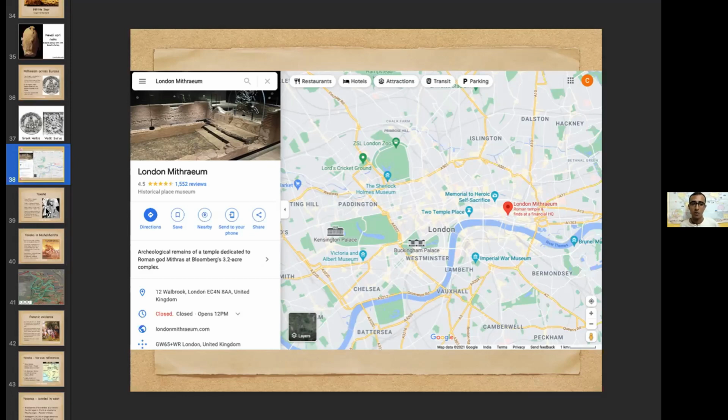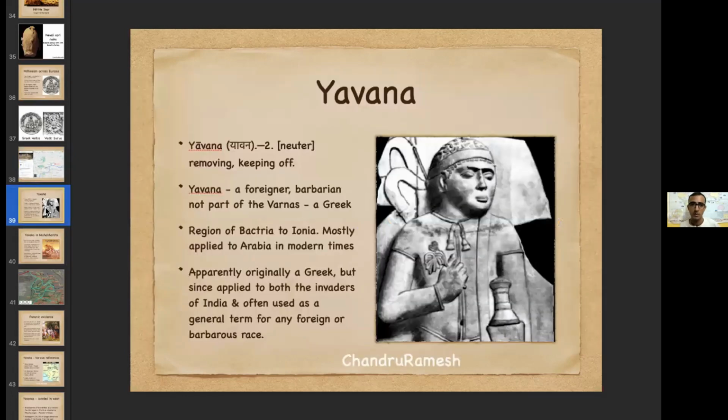Now coming to another important group of people called the Yavanas. Yavana, sometimes referred to as Yavana and sometimes as the Yavana. In any case, generally referring to Europeans, and sometimes also to West Asians, but generally to Europeans. So who are these Yavanas?